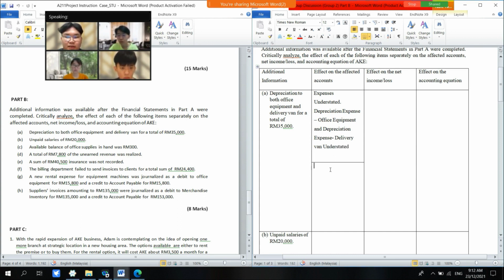The second affected account will be accumulated depreciation for office equipment and accumulated depreciation for delivery van, also understated. And the effect on the net income or loss: the expenses are understated, so the net income will be overstated.